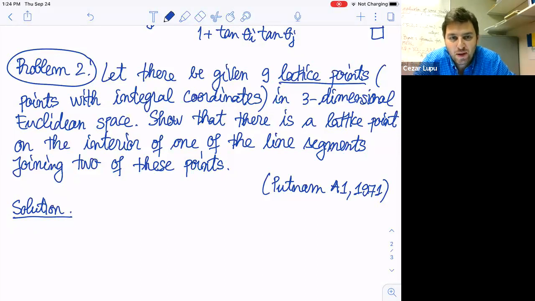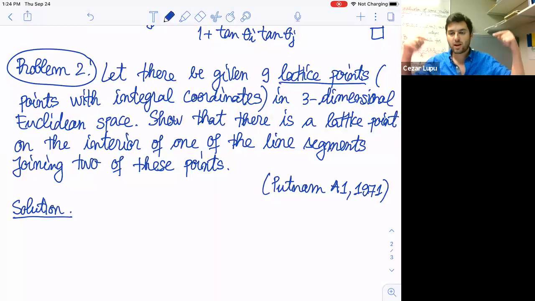So keep in mind, we have 9 lattice points in the 3-dimensional Euclidean space. So what do you need to do? What do you think? So you need to divide them somehow into how many categories of points? Let me put it this way.